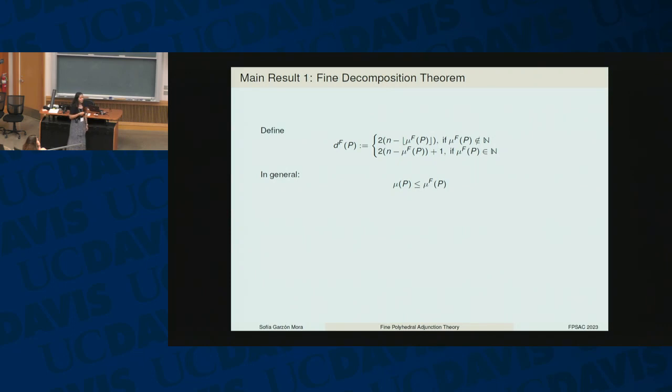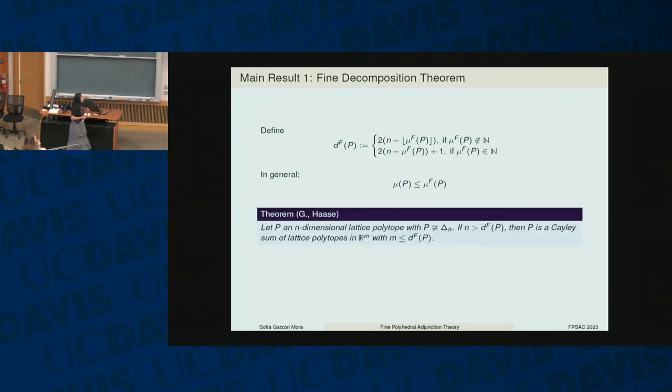So can you see where I'm going with this? What does it tell me if I'm subtracting something bigger now? And this is where you shout, we get something smaller. Yeah, so basically we restated this theorem and we now changed this bound in terms of this fine d, which means that I now have a lower bound than before for the dimension of a polytope to be a Cayley polytope.